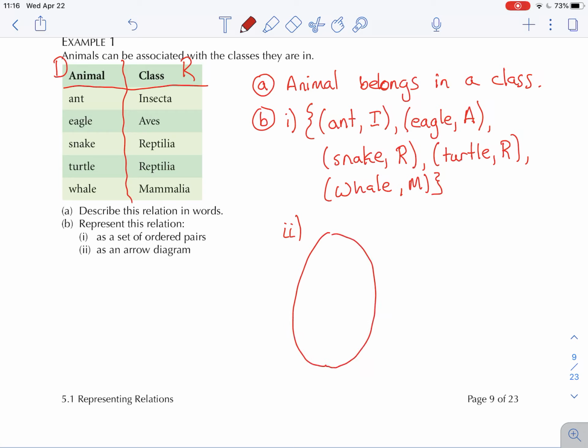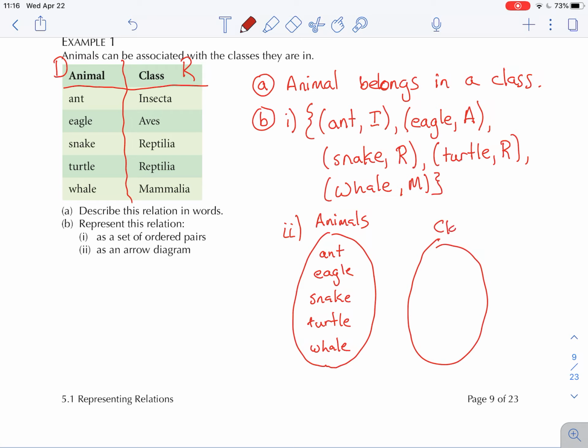Now our second one is going to be an arrow diagram. Our domain values go first, which is our animals. Ant, eagle, snake, turtle, whale, and our second set, which is our range set, these are our classes.